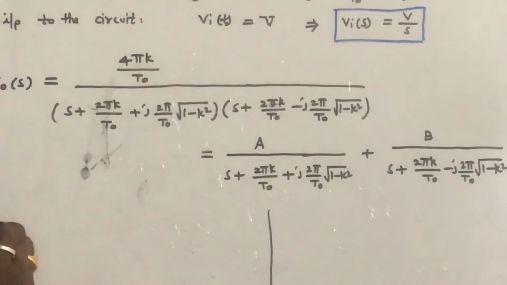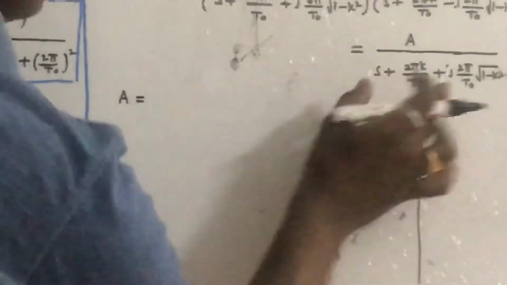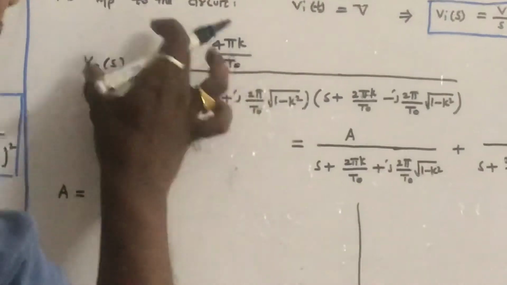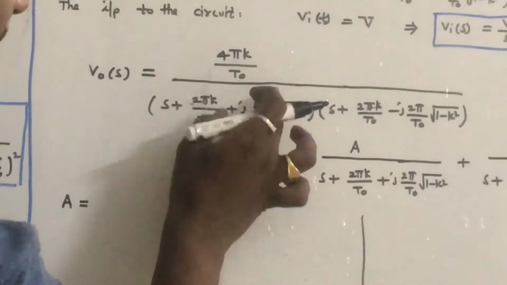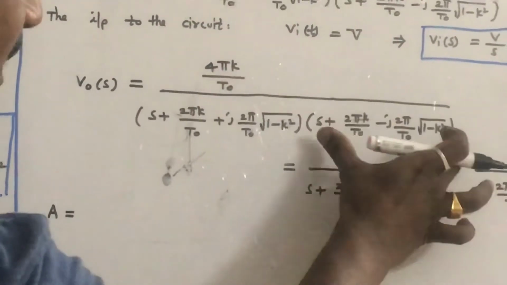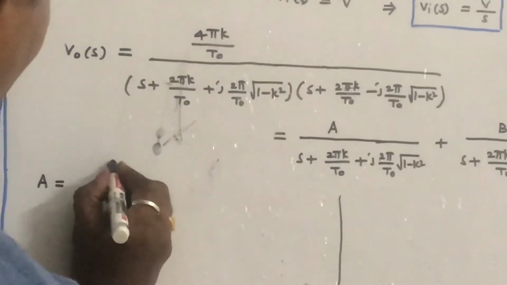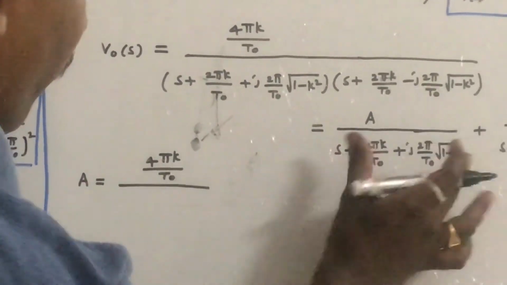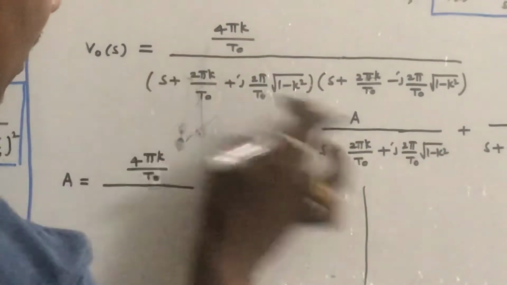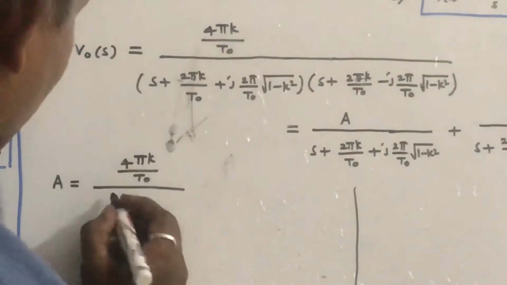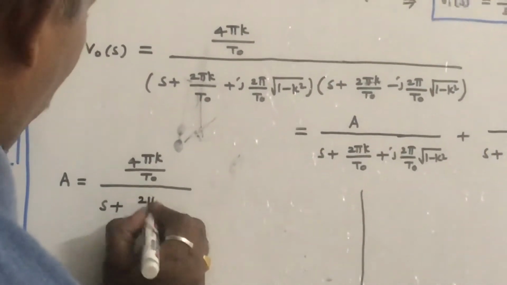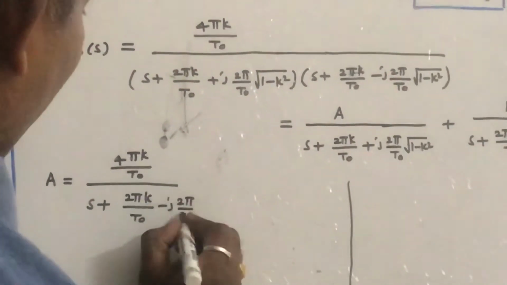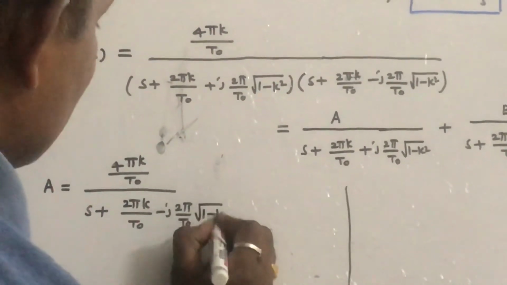As you know, in partial fractions you can calculate A directly. While calculating A, multiply this equation by this term, so that this term gets cancelled out and the remaining term stays. Therefore I am writing 4 pi k by t naught divided by the rest of the term, S plus 2 pi k by t naught minus j 2 pi by t naught into square root of 1 minus k square.